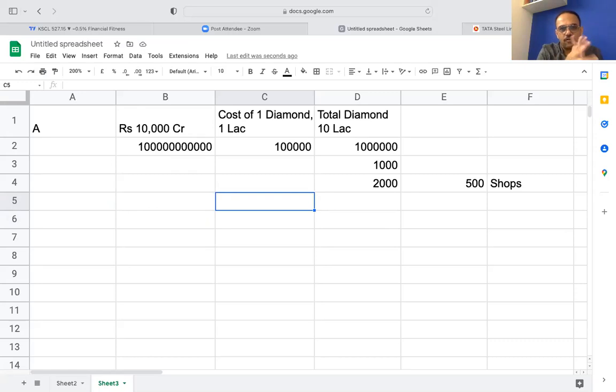So if he wants to buy the diamonds for the future, he will buy quietly, not in a single day or on consecutive days. He might buy slowly and steadily over a period of 3 to 4 months and buy out everything.